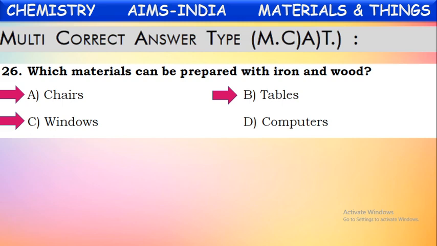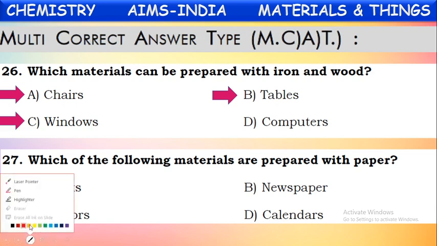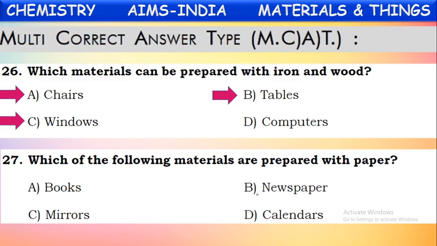So in this way, a question may contain more than one correct answer. All the correct answers should be selected. Next question. Which of the following materials are prepared with paper? Can we prepare books with paper? Yes. Newspapers? Yes.